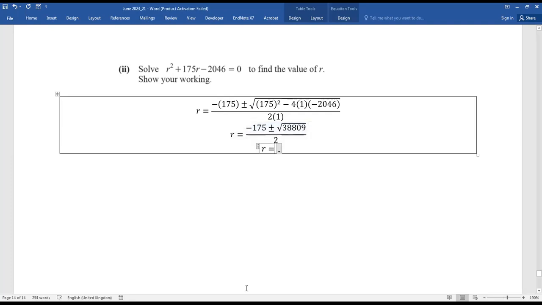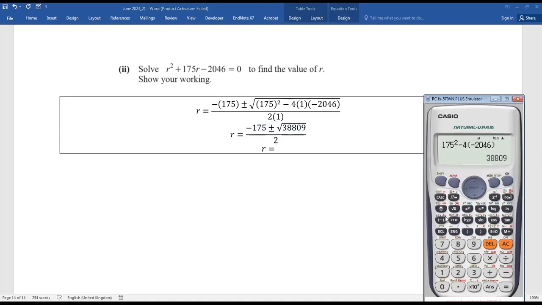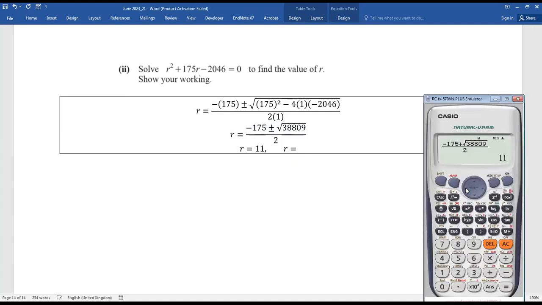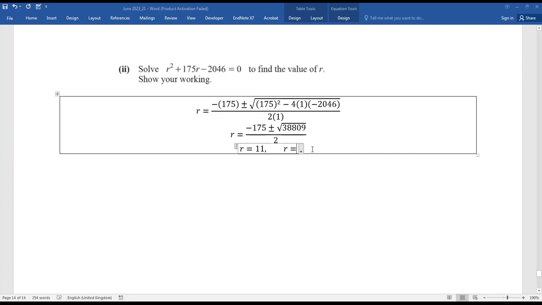So the two values of r will be minus 175 plus the square root of 38809 on 2, which is 11. And the second value of r will be the same thing with a negative, that is minus 186.